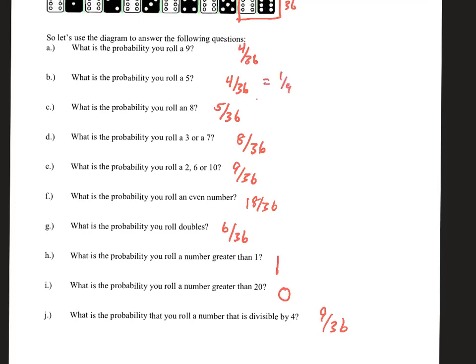So sometimes it's easier to understand that it would happen 1 out of every 9 times. Or you could even do it as a decimal, which would be 0.11, 11%. But you don't have to reduce your fractions.